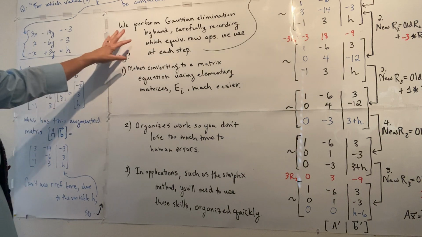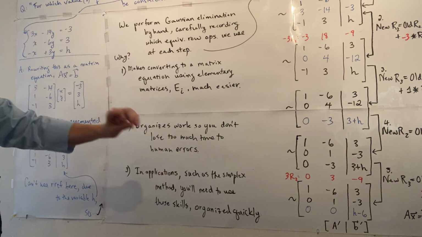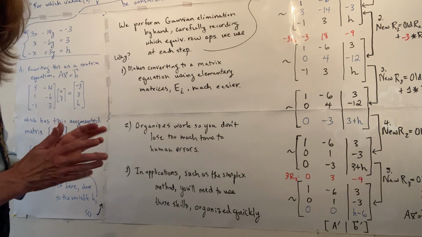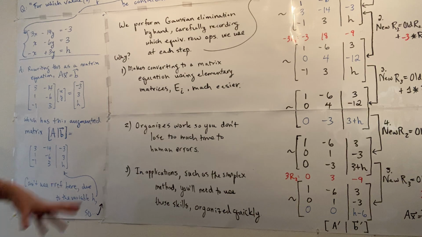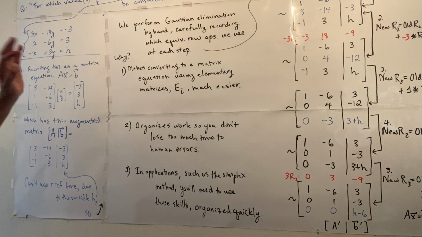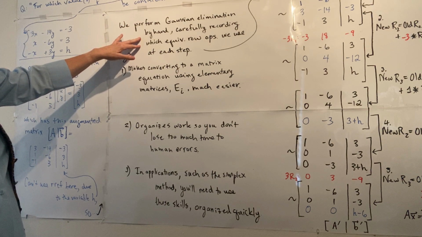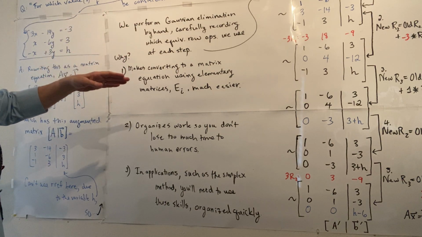So I'm going to show you doing that in a careful way, using good accounting skills, for a couple of reasons that you need to be able to do that. First of all, you need to know your equivalent row operations and which one to use at any given time.